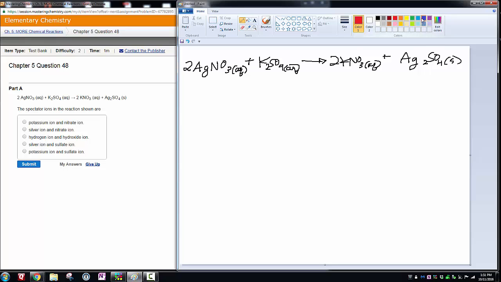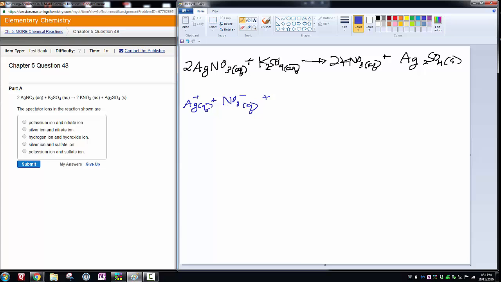So your job first is to remember that ionic compounds, if they are soluble, are actually dissociated from one another in solution. So I don't really have a solution with little silver nitrate molecules running around. I've got a solution with silver ions and nitrate ions running around.